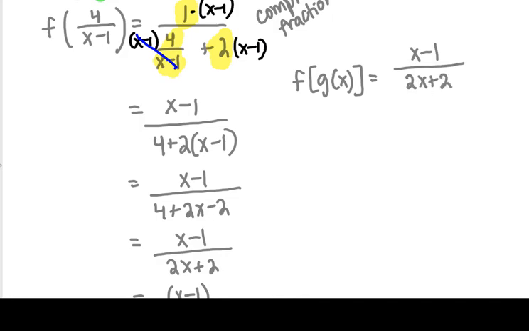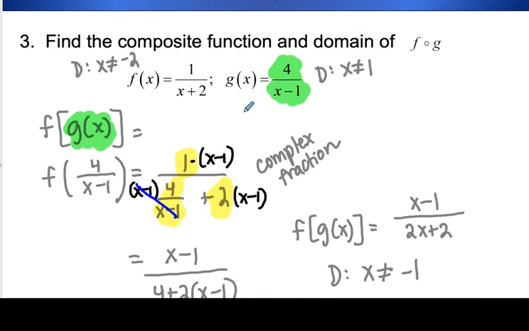2x plus 2. Now, what can x not equal here? The domain of this function is x cannot equal -1, correct? Okay, so your domain is that x cannot equal -1, but there was another restriction in the original function.